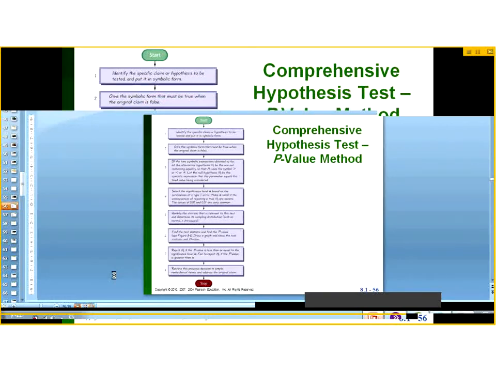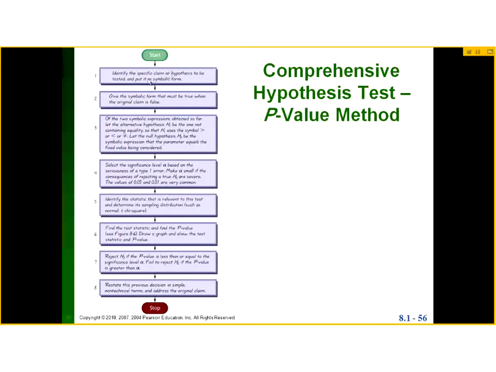First, as we said, identify the specific claim or hypothesis to be tested and put it in symbolic form. First I identify the claim and put it in symbols. Then I write its opposite. One of them is H0 and the other H1. Then select the significance level alpha based on the seriousness of a type 1 error.